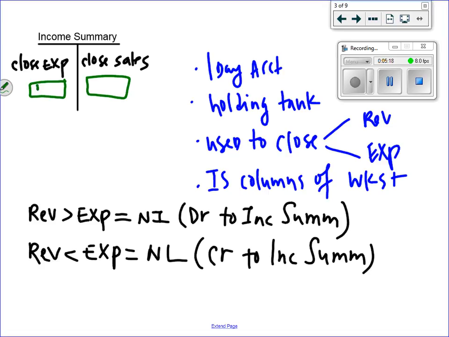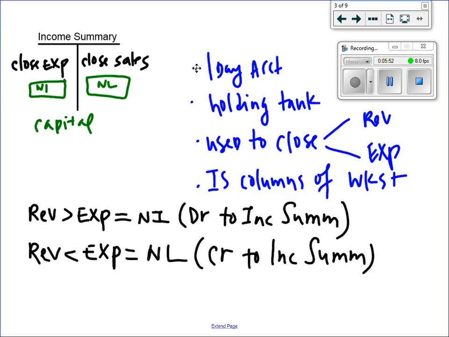This one is if it's a net income. This one is if it's a net loss. Its partner account would be capital. So if we had a net income, you'd credit capital. If you had a net loss, you'd debit capital. I just thought talking about that a little bit will help clear up any confusion.